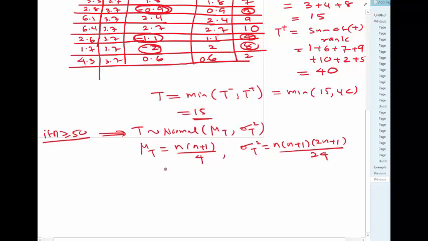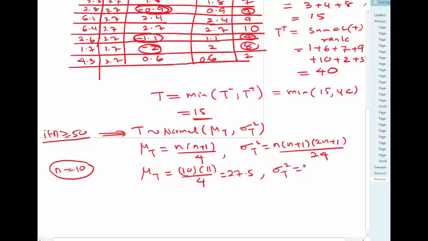Okay, so let's calculate mu t. So n is 10. So mu t is going to be 10 times 11 divided by 4. That's going to be 27.5. And let's calculate the variance.